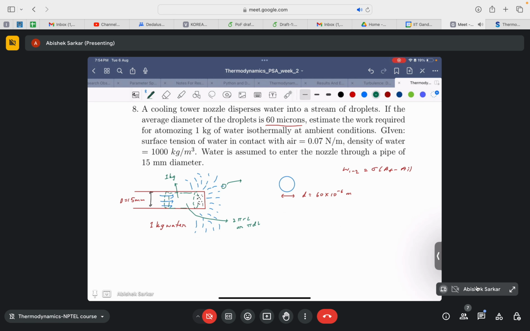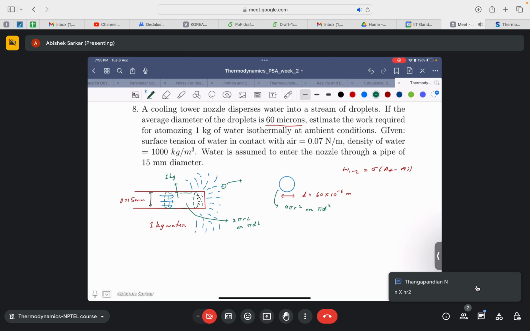So the surface area of each droplet would be given by 4 pi r square or pi d square, right. Is it understood?